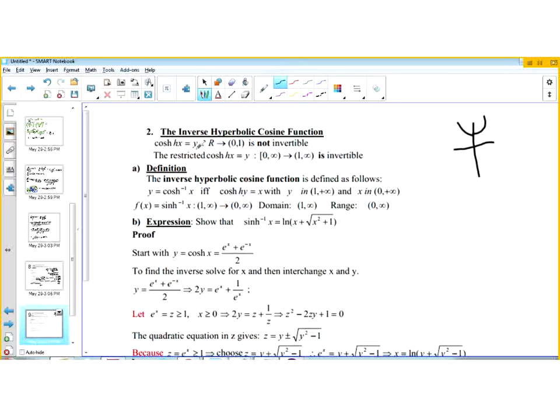Okay, so we know the range of the hyperbolic cosine function.